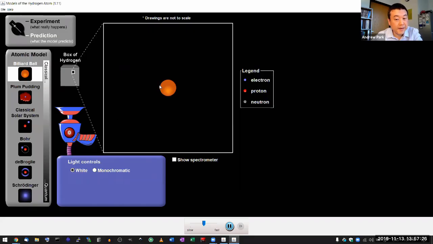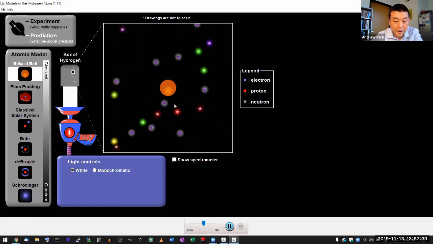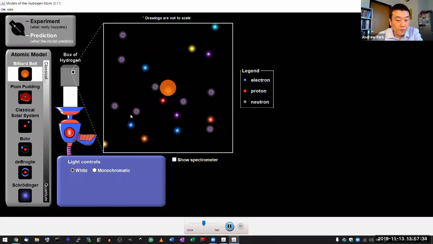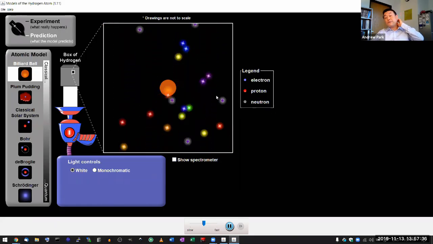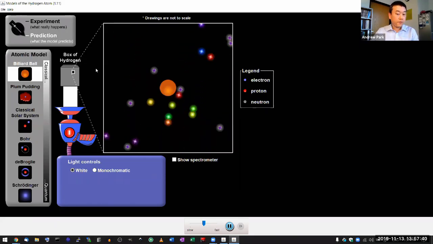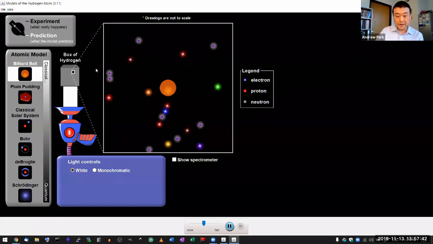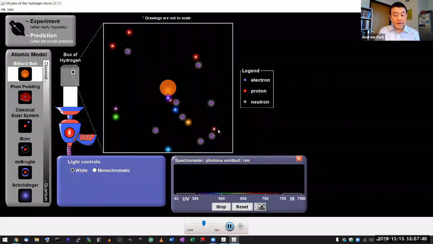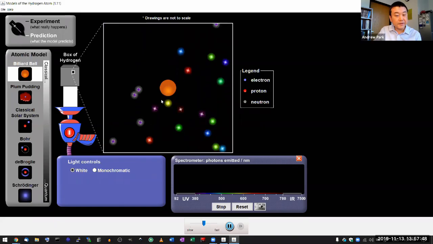If that's the case, then when you fire, all these particles represent photons, light, they will all reflect in the same way, regardless of wavelength. And experiments show in many different ways that that's just not the case.